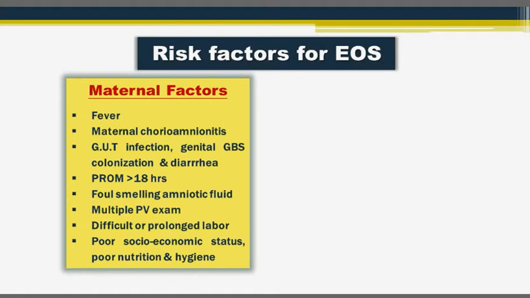Premature rupture of membrane, if it is more than 18 hours before the delivery, is regarded as a risk factor. Also foul-smelling amniotic fluid, multiple PV examinations, difficult or prolonged labor, and of course poor socioeconomic status, poor nutrition and hygiene. So these are the maternal factors.